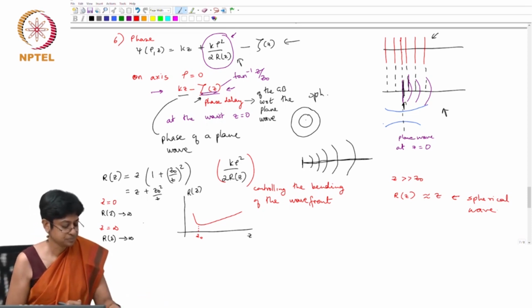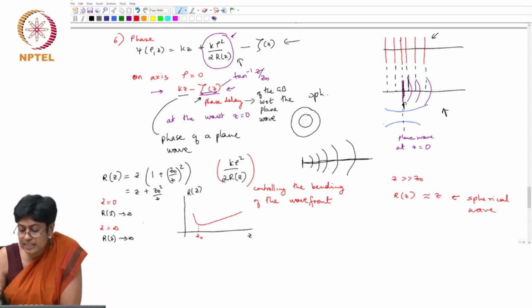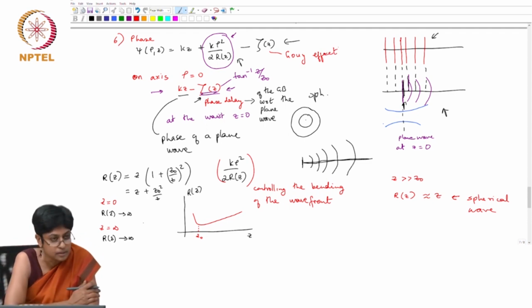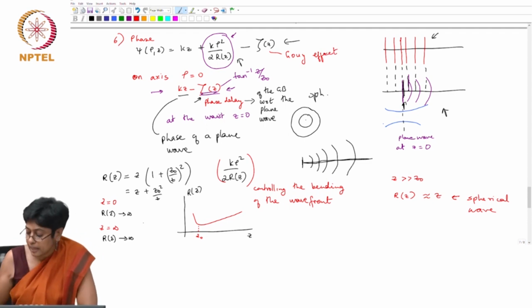Okay. So this phase delay that arises, this zeta, you will often see it called the Gouy effect or the Gouy phenomenon.